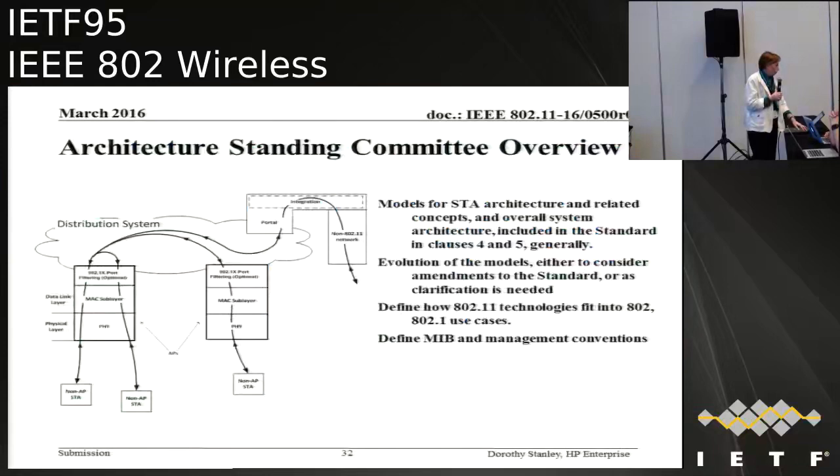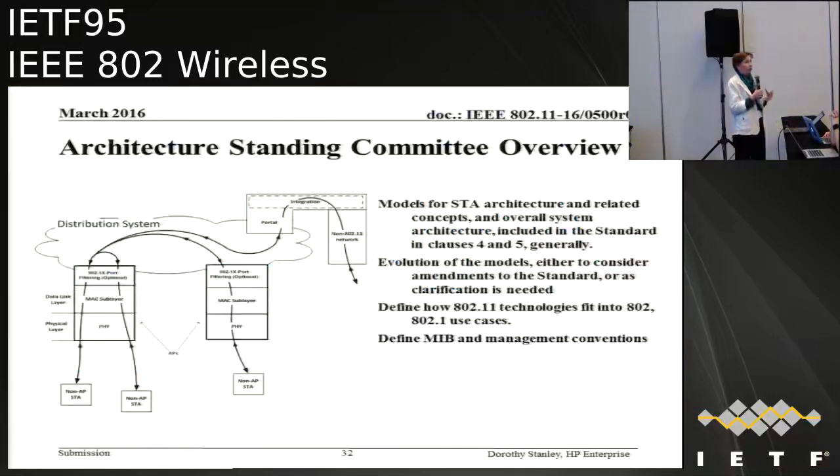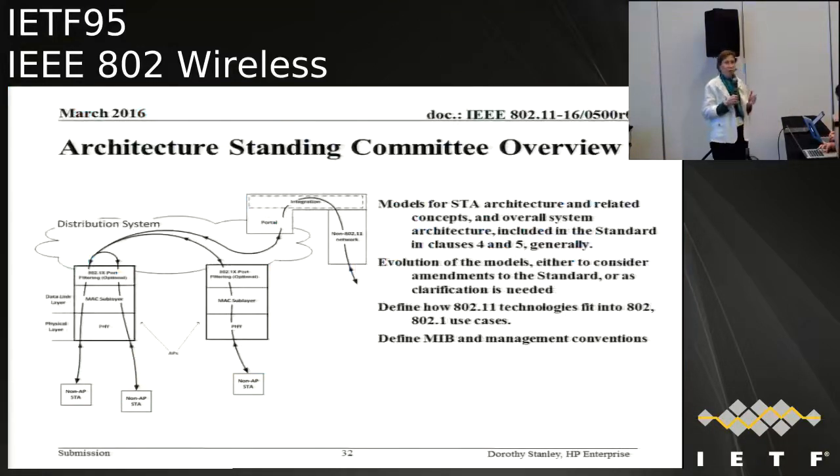Okay, so briefly then, those are the task groups. The task groups are the groups that will develop additional pages for that 2,000 or 3,000 page document, right? So those are the ones putting butter on the bread, if you will. The Architecture Standing Committee is again a standing committee.